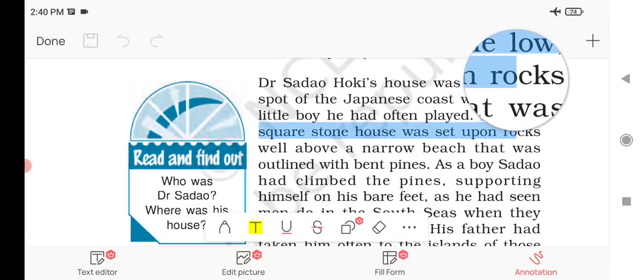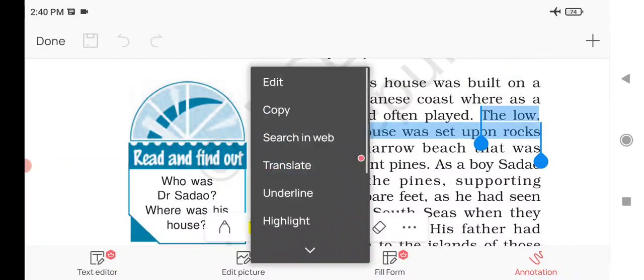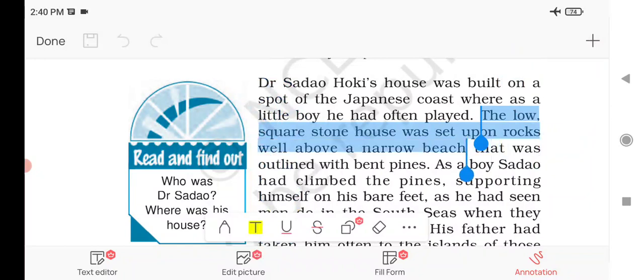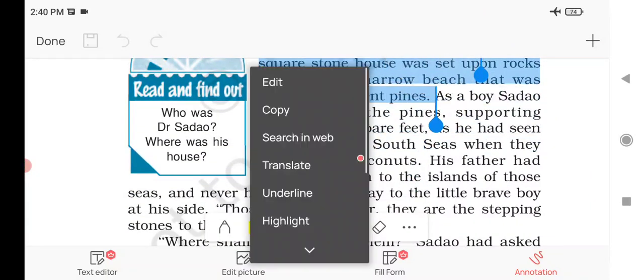The low square stone house was set upon a rocks well above narrow beach that was outlined with bent pines. Now we get to know that Dr. Sadao's house is made of stone, and it was constructed upon the rocky beach, which has a boundary line that is made with pine trees, right?